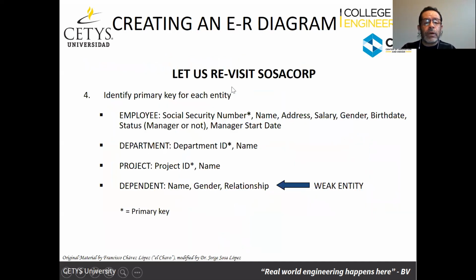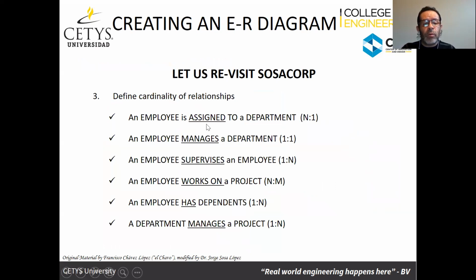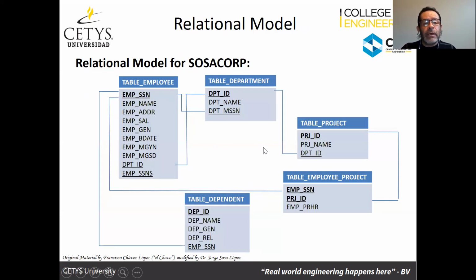Remember that we have a one-to-one relationship with regards to employee managing a department. So what I've done there is that I've added the department table into the employee table. Notice that I've copied the department information here, and I've linked the primary keys of one to the other one.